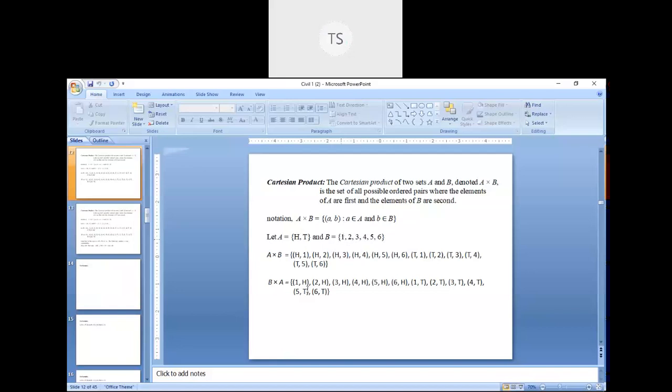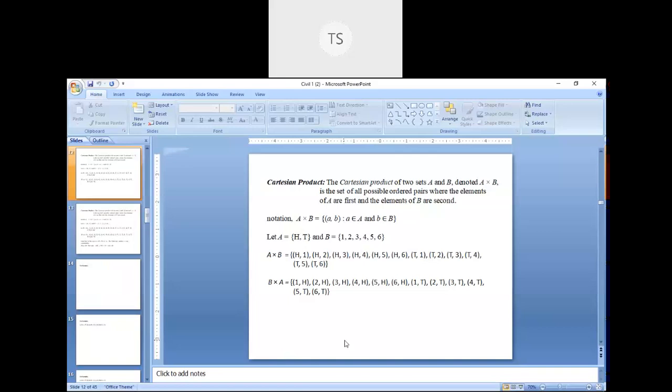And from set A, this time the elements of set A will be in the second position. So 1H, then 2H, 3H, 4H, 5H and 6H. Next I will write 1T, 2T, 3T, 4T, 5T and 6T.